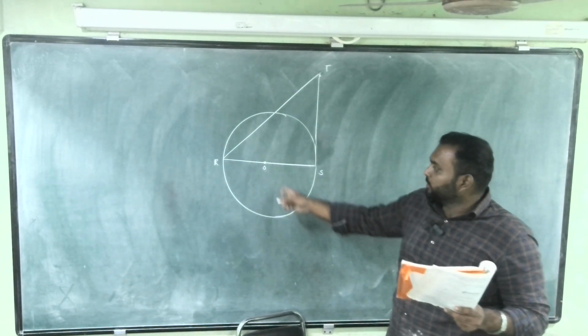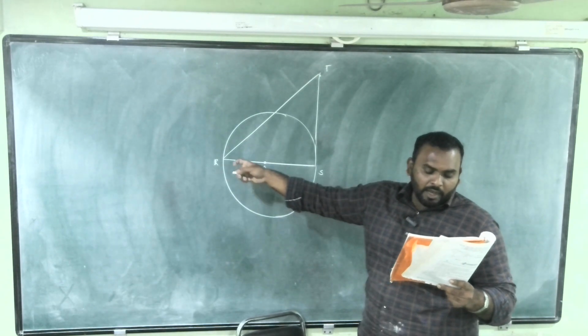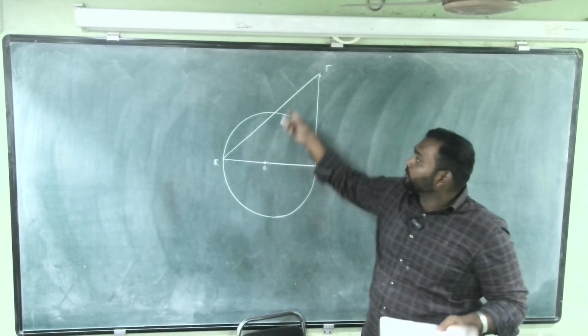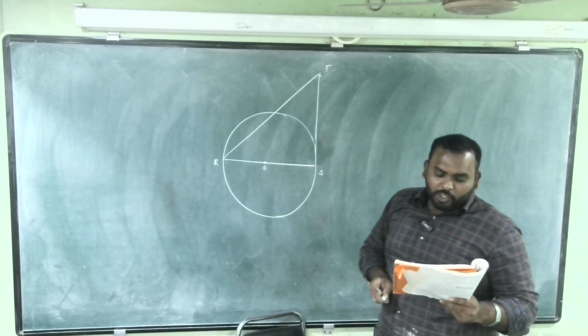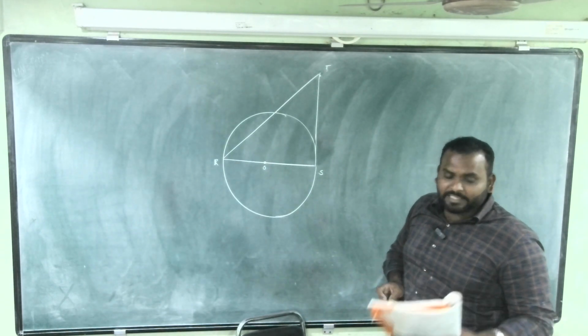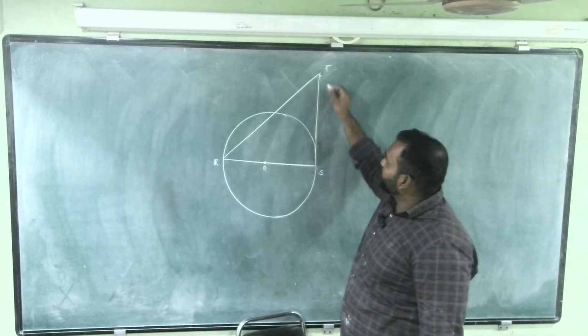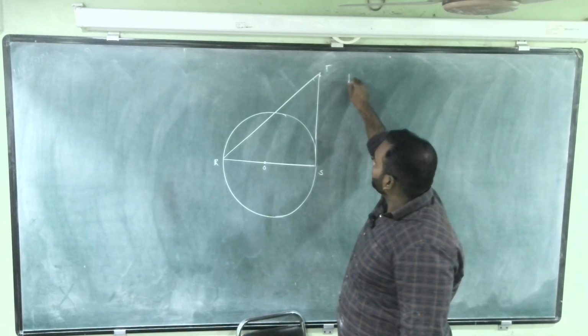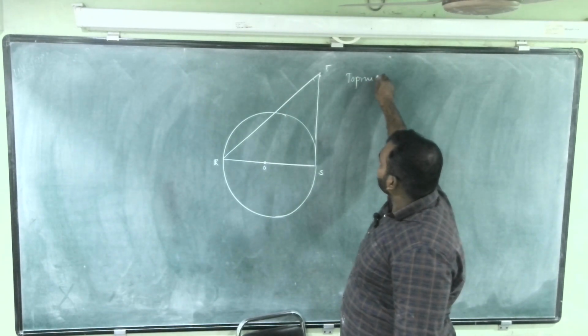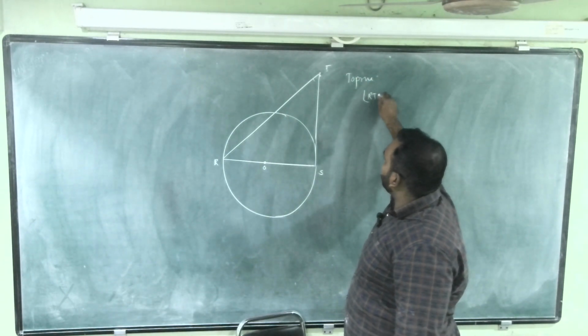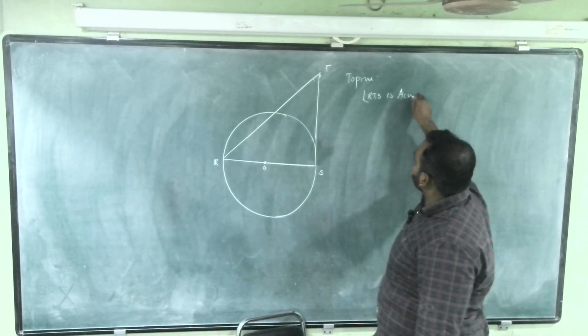You have been given that O is the center of the circle. Point T lies on the exterior of the circle. You need to prove that RTS is an acute angle. What do you need to prove? You need to prove that angle RTS is acute.